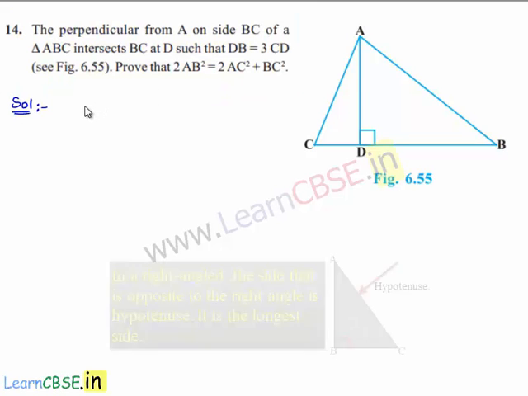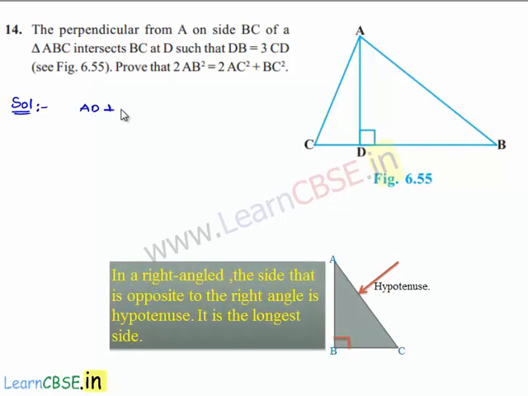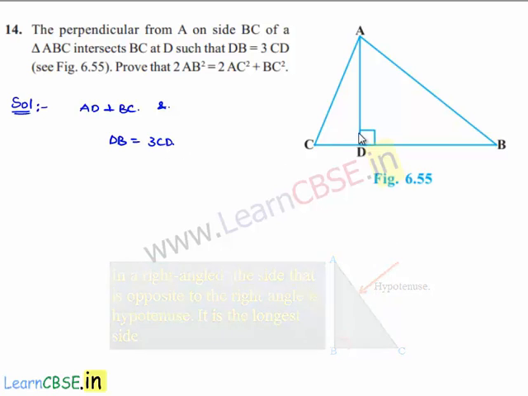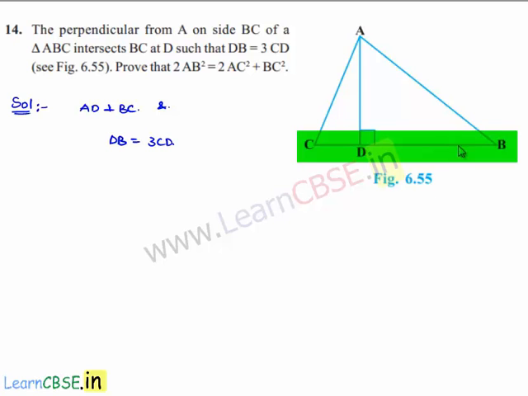He has given that AD is perpendicular to BC and DB is equal to 3 times CD. We know that here base BC is consisting of CD and BD.